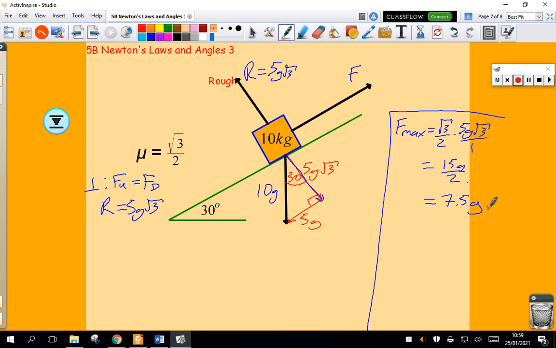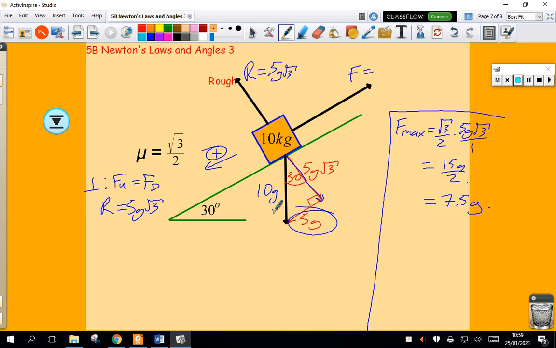So, what's going to happen here? Is my friction force going to get up to 7.5g? We're going to just think about the forces parallel to the plane. Well, pushing this block down along the plane is this 5g force. Friction, in order to prevent motion, remember friction can't create motion, it can prevent motion.